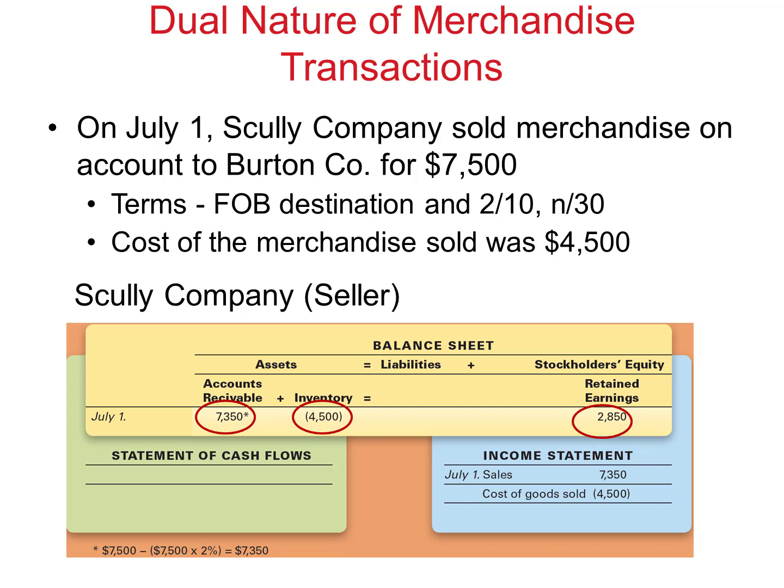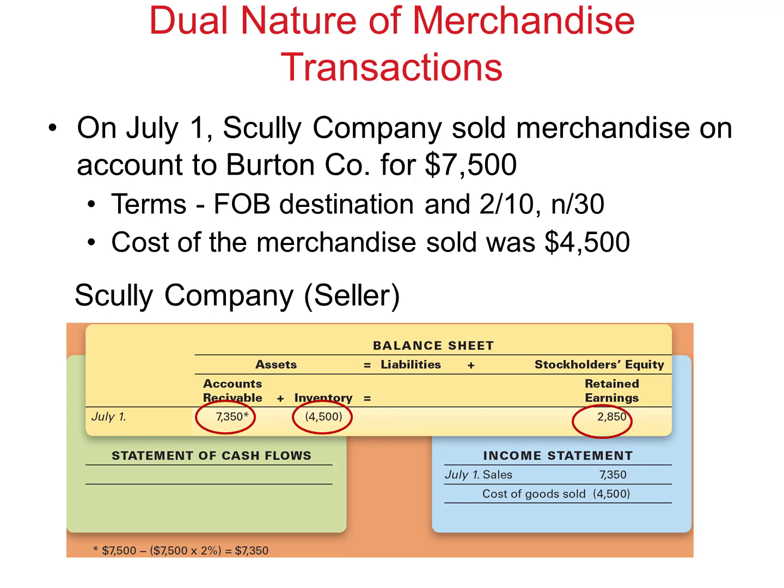$4,500. As we go through this transaction, we are assuming that the buyer is going to take advantage of the discount. Therefore, every transaction is reported net of discount. A 2% discount of $7,500 means that we are recording a transaction at $7,350.